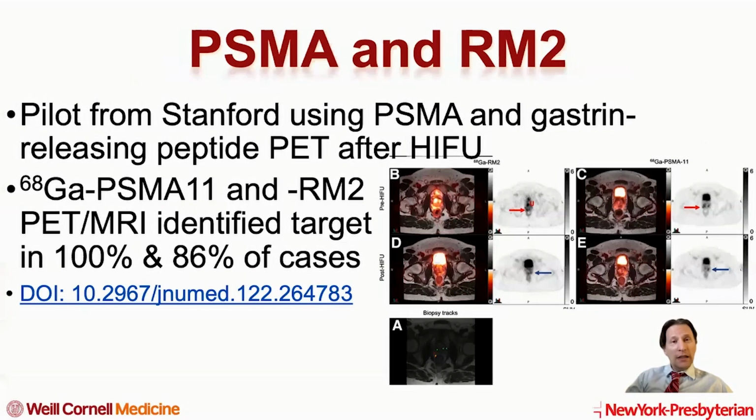There's also a pilot study from Stanford looking at PSMA and the RM2 gastrin-releasing peptide agent after HIFU. And this found that for PSMA-11, there was 100% sensitivity for recurrent disease in this case.